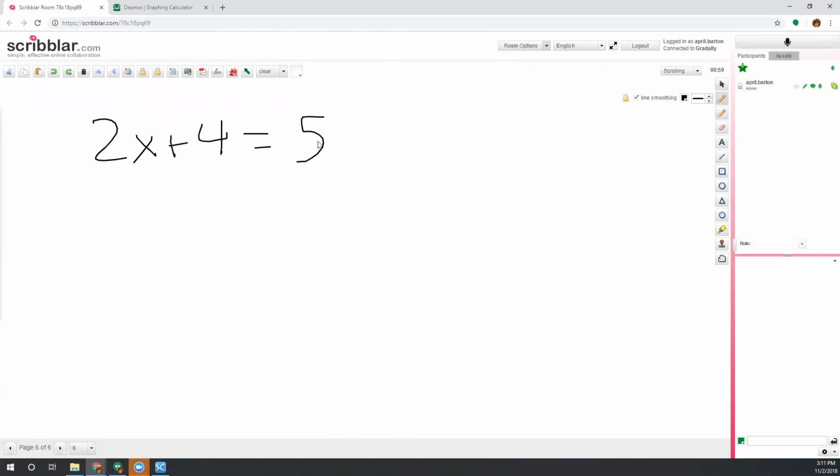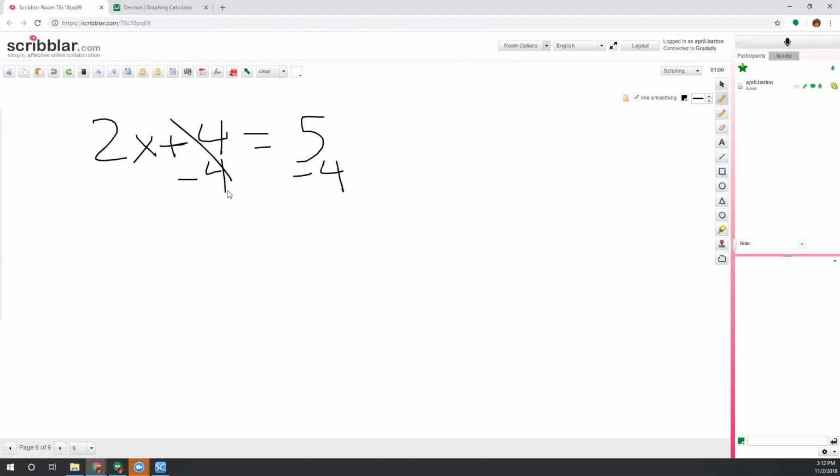When you do your opposites, we always focus on the addition piece first. So we do the opposite of that. It's a +4. And what you do on one side, you have to do on the other, right? So we do -4 on both sides to get rid of it.